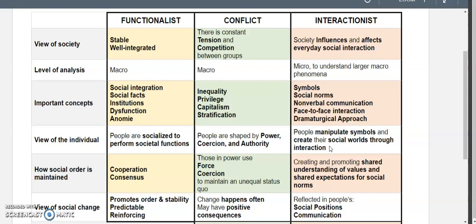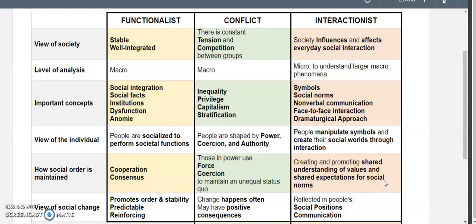And once they've made that discovery, they can then figure out how to build more complex or more advanced shelters. And then by manipulating other materials and symbols and by communicating with each other how they did it, they were able to construct more and more elements of society that made it possible for them to meet their needs better. And that ties into maintaining the social order through shared understanding of values and shared expectations for social norms.